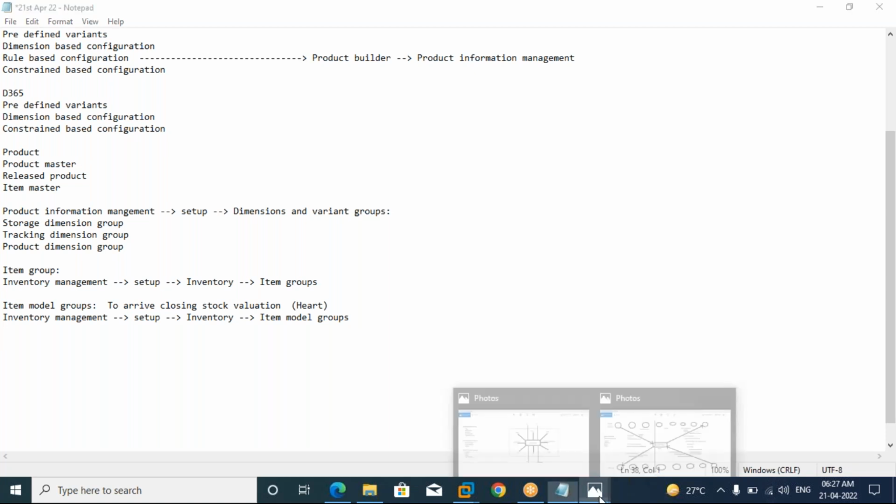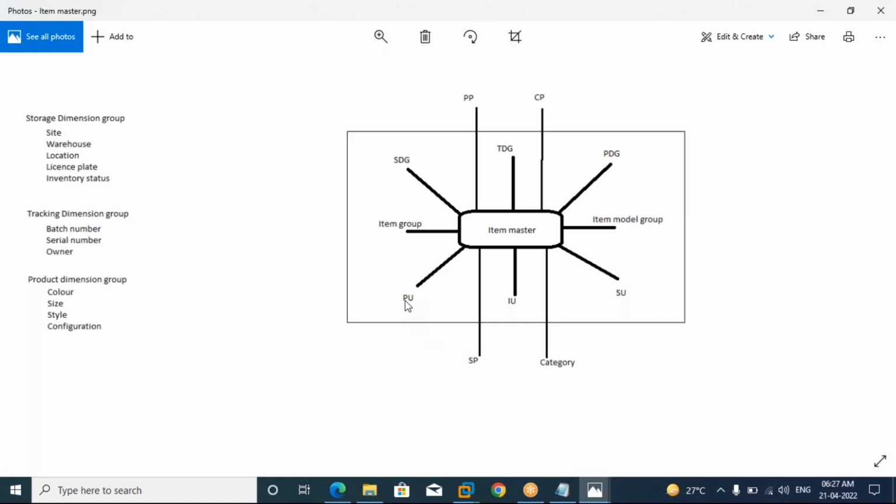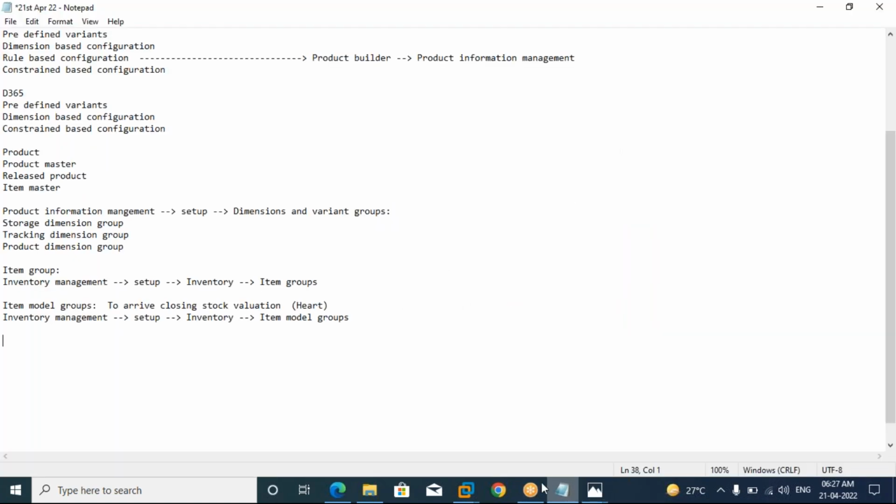Next one: purchase unit, inventory unit, sales unit. Units. What is this actually?